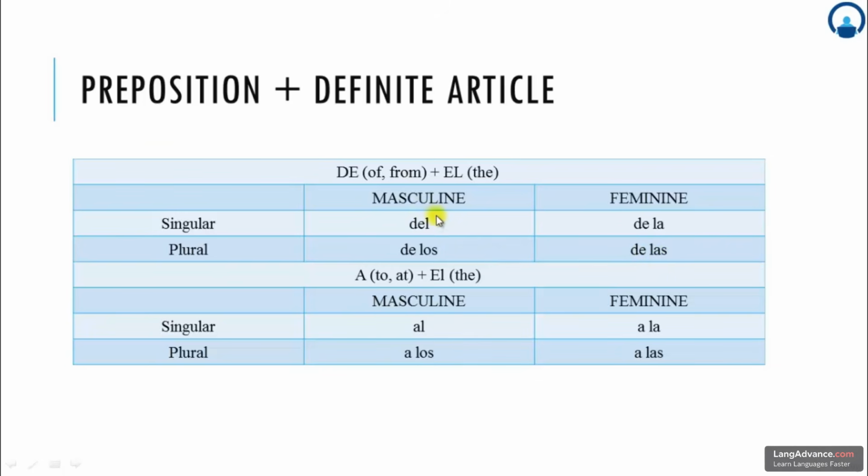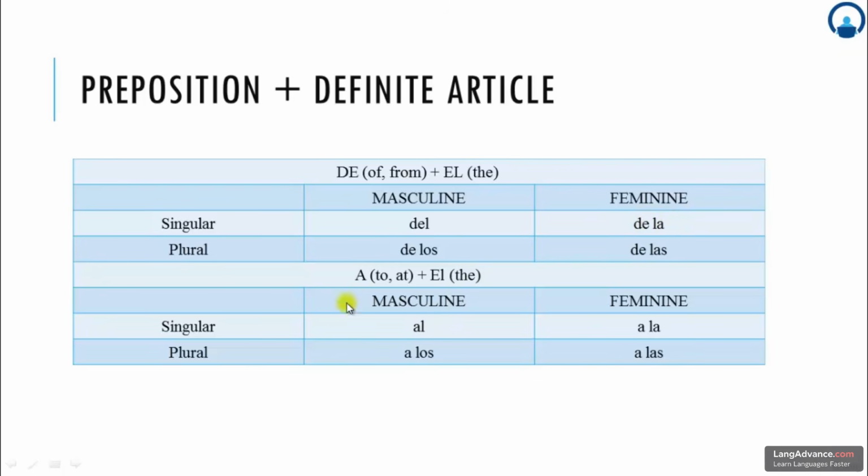So what we see is for singular and masculine, the preposition and the definite article have been combined together. It is not de space el, it is del. But for the others, it is separate. It is not a combination. It is not just one word. They are two separate words.